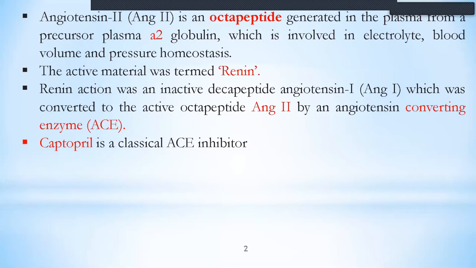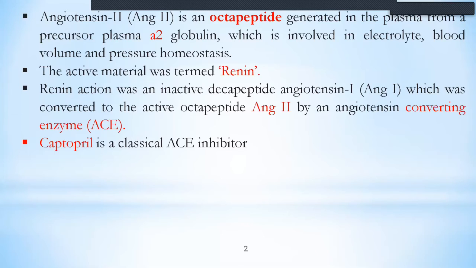The active material is termed renin, and renin acts on the precursor to form an inactive decapeptide, angiotensin 1, which is converted to the active octapeptide angiotensin 2 by the angiotensin converting enzyme, ACE.